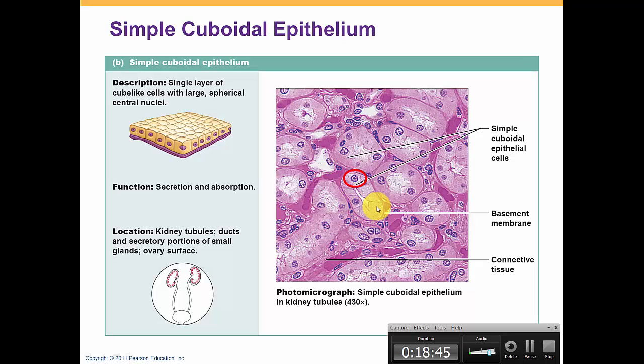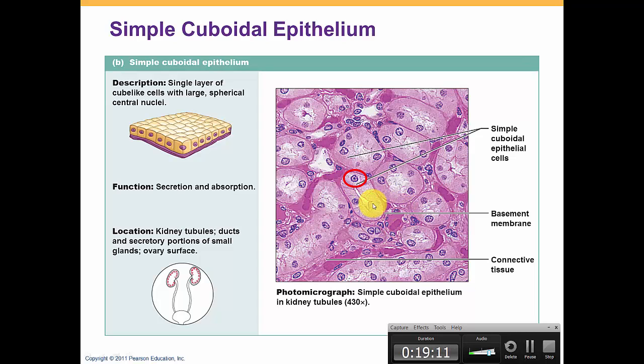And of course you cannot see the nuclei of some of these cells because this is just a cross section. So the nucleus could be either higher or lower than the level of this section, so that's why you don't see it. But every cell, of course, would have to have a nucleus. Now the blood vessels are here.